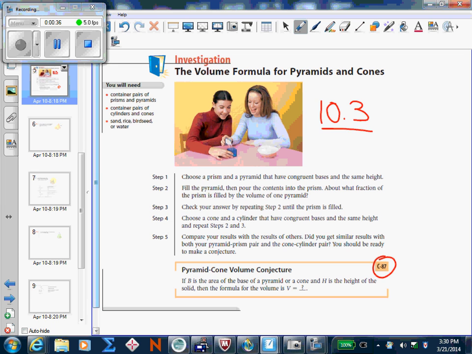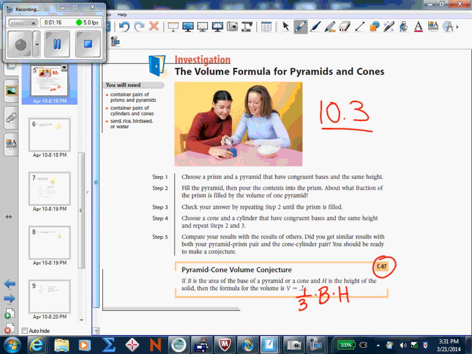This is conjecture 87, so if you'll put it in your electronic notebook, that would be great. It says, if B is the area of the base, so big B is still the area of the base, you still need to know those formulas, of the pyramid or cone, and big H is the height of the pyramid or cone, then the formula for the volume is 1/3 times big B times H. So it is very similar to the volume formula for a prism, except it is 1/3 the size.